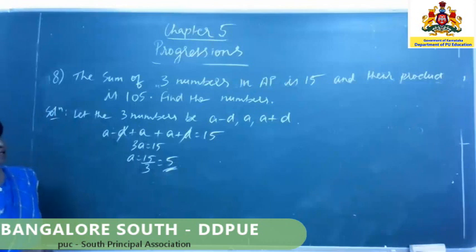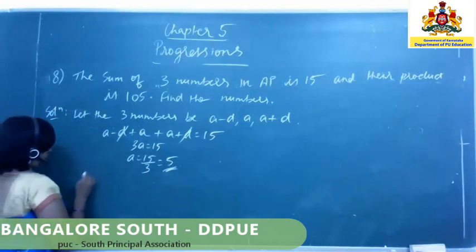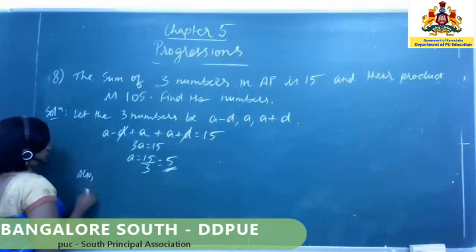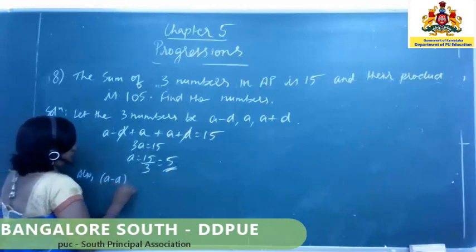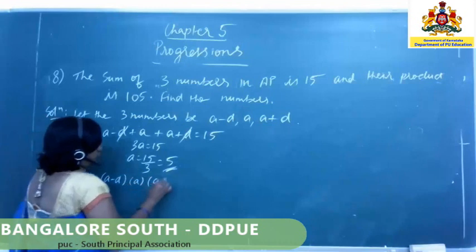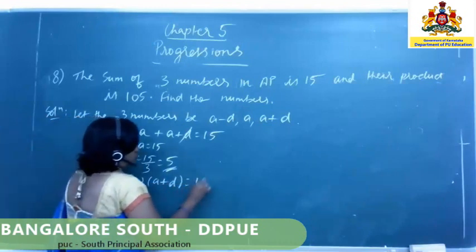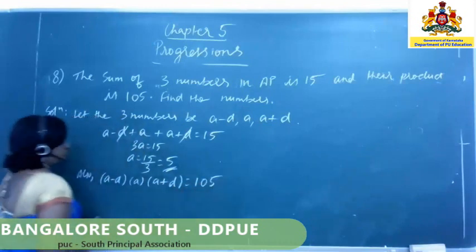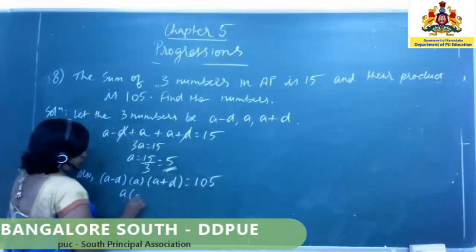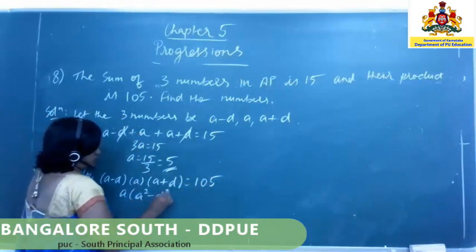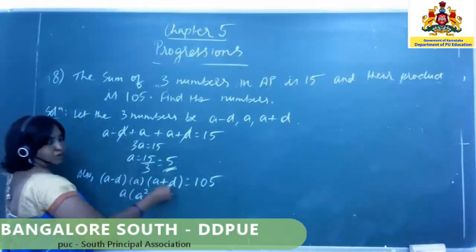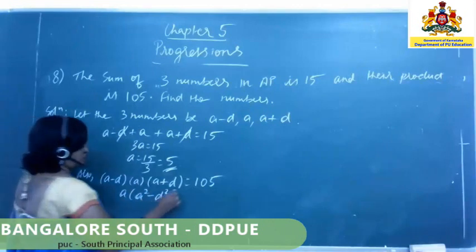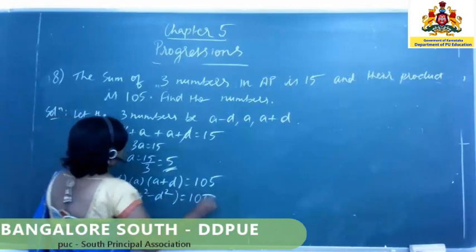And the product is equal to 105. So also a minus d into a into a plus d is equal to 105. That is a into a square minus d square. a minus d into a plus d, I can write it as a square minus d square, is equal to 105.